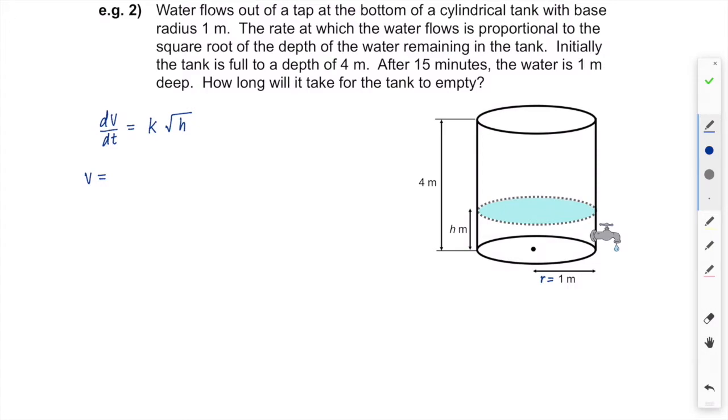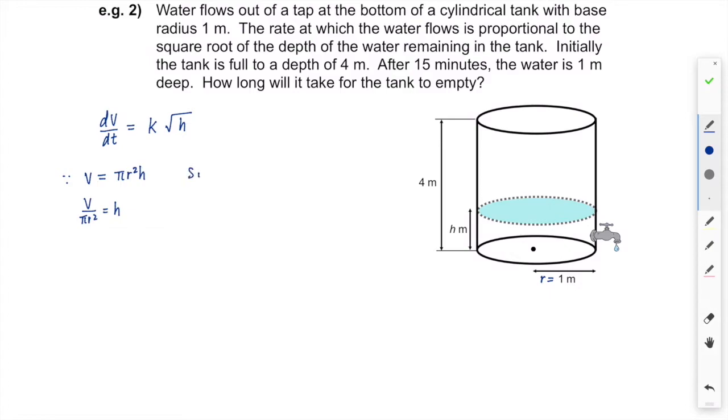So on the side, since we know the volume of a cylinder is pi r squared h, then we can say that V over pi r squared must equal h. We also know that the radius of the tank is 1 meter.